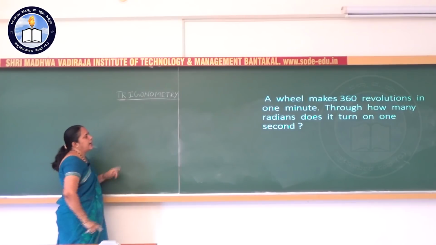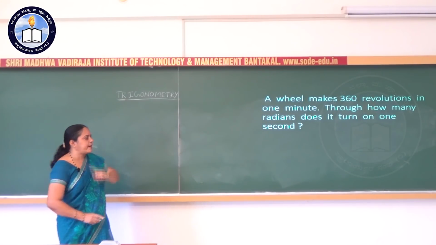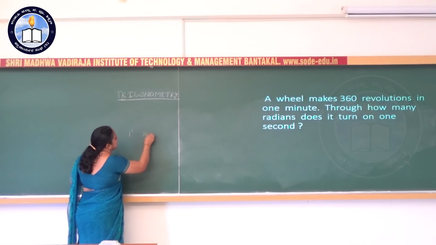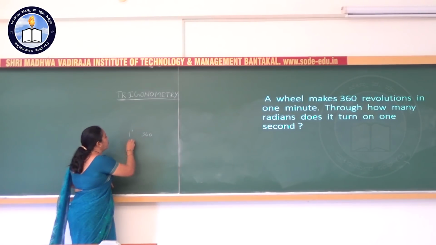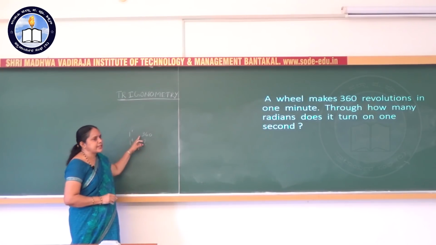So, a wheel turns 360 revolutions in 1 minute. That means in 1 minute, the wheel makes 360 revolutions. So, in 1 second, how many revolutions does the wheel make?